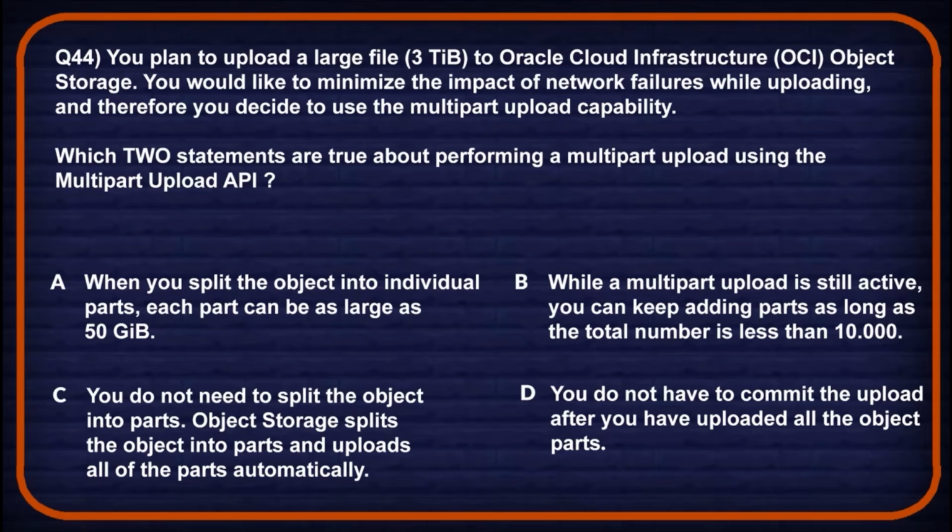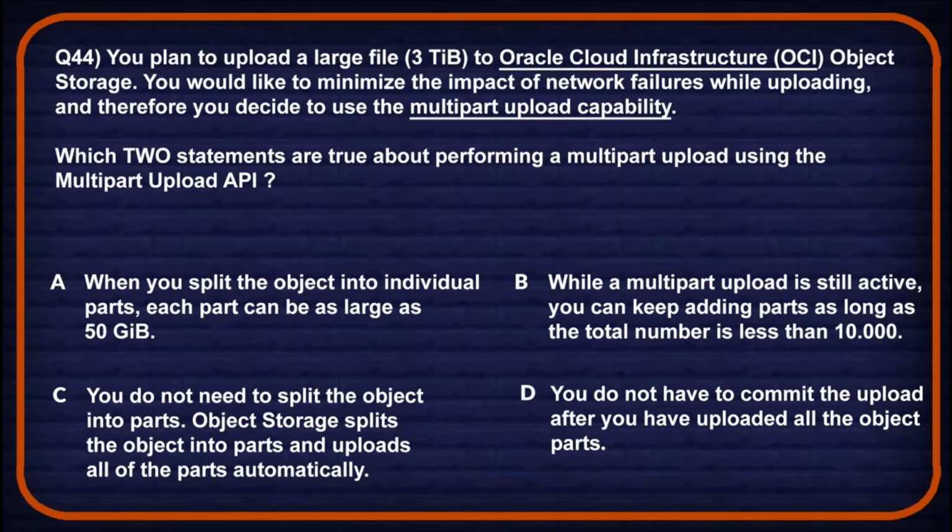Okay, let's look into the options. Option A. When you split the object into individual parts, each part can be as large as 50 GiB. OCI supports part sizes up to 50 GiB for multipart uploads. So option A might be a potential answer. Let's keep it. Moving on to option number B.